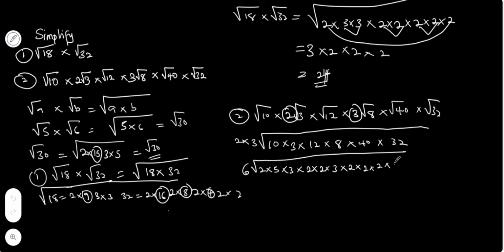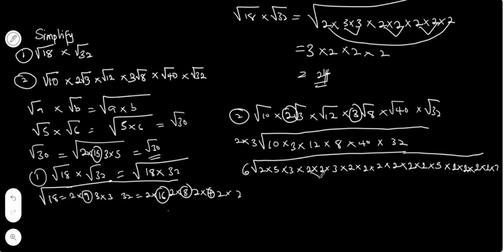Now 40 is 2 times 20. 20 is 2 times 10. 10 is 2 times 5. Then 32 is 2 times 16. 16 is 2 times 8. 8 is 2 times 4. And then 4 is 2 times 2. Very simple. Begin to pair them.